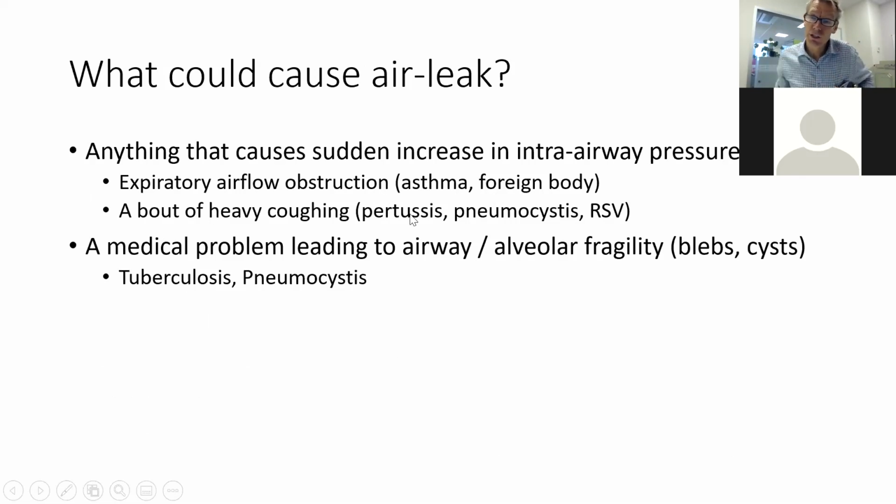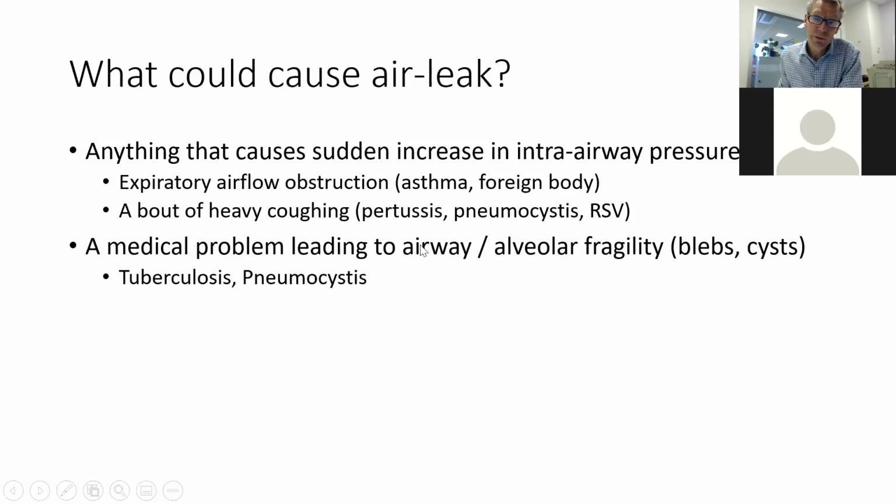If you've got a child who's got severe pertussis or RSV or pneumocystis, then because of a bout of heavy coughing, that can lead to an increase in intra-airway pressure that just leads to a rupture of an alveolus, which can lead to a pneumothorax or a pneumomediastinum.